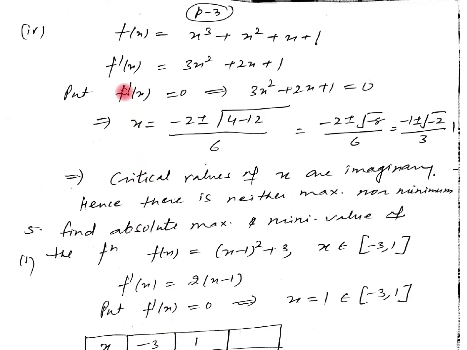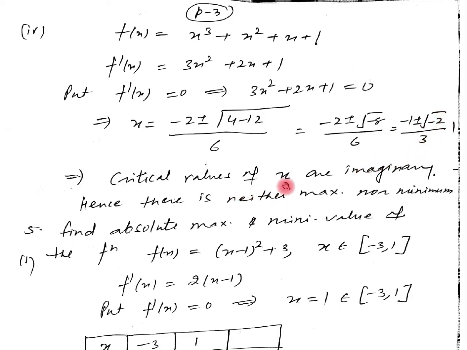Now again coming to this question, f(x) = x³ + x² + x + 1. Again the heading is we have to find the local maximum and minimum value if it exists. Again f'(x) = 3x² + 2x + 1. Putting f'(x) = 0 and solving this equation, we are getting x = (-1 ± √-2)/3.